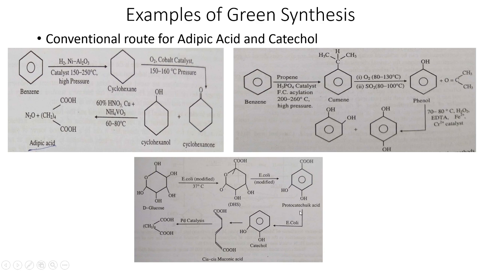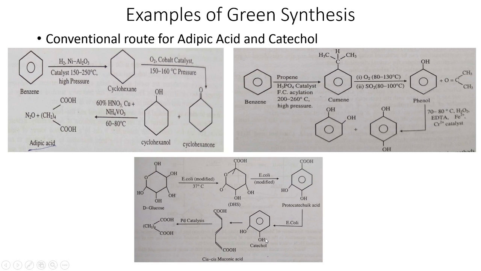Though here you see various steps, they take place within one batch, without changing the batch. These steps are mentioned here only for highlighting the changes. Otherwise this is a one step synthesis. Okay, so this can be directly converted to catechol.